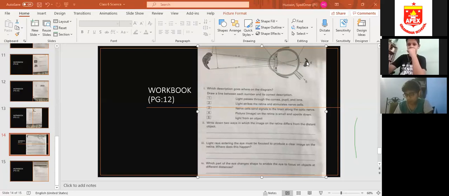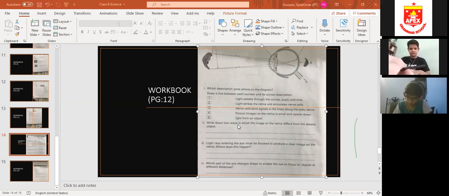What is the difference? Yes, Rayan, you can tell me. The image on the retina is upside down from the object. Yes, the image on the retina is upside down, and also one thing, it is smaller than the object. So you can write down 2 ways.